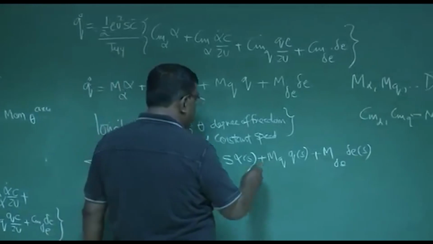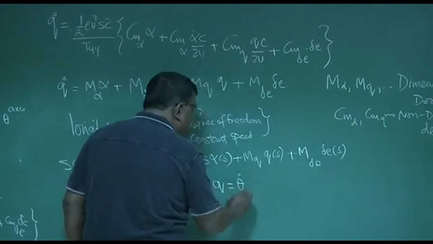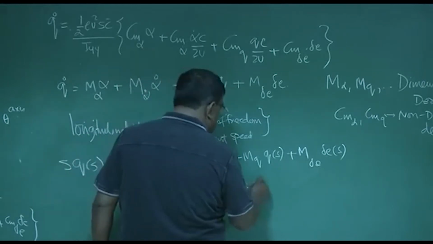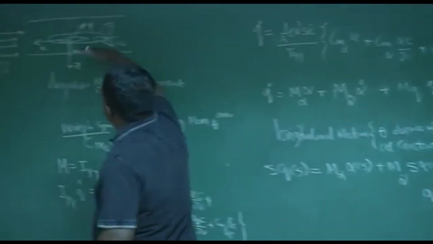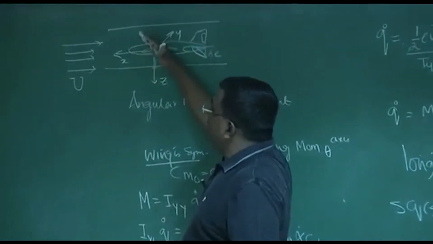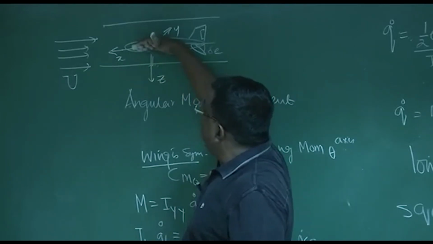What we will do: we know q is equal to theta dot for a pure pitch, and theta is equal to alpha for a pure pitch, because if it is only motion like this, then whatever theta is there, that is only alpha, isn't it? Because this is alpha 0, theta 0.